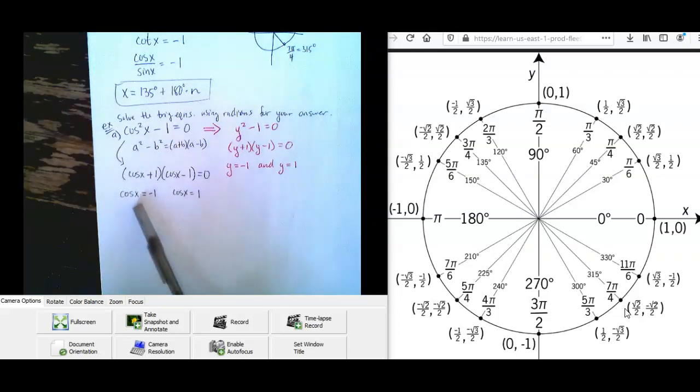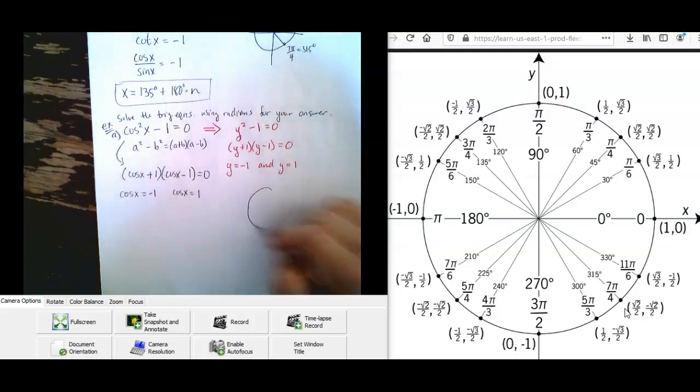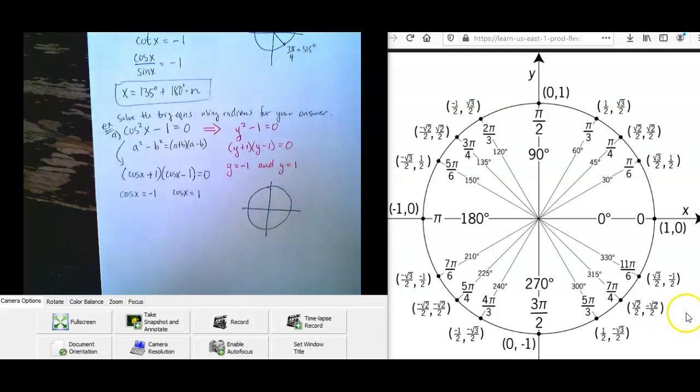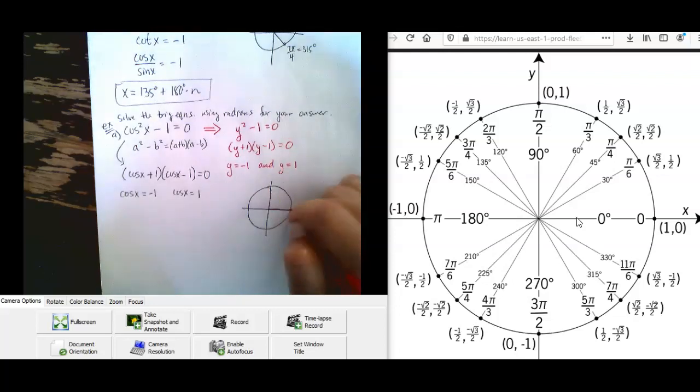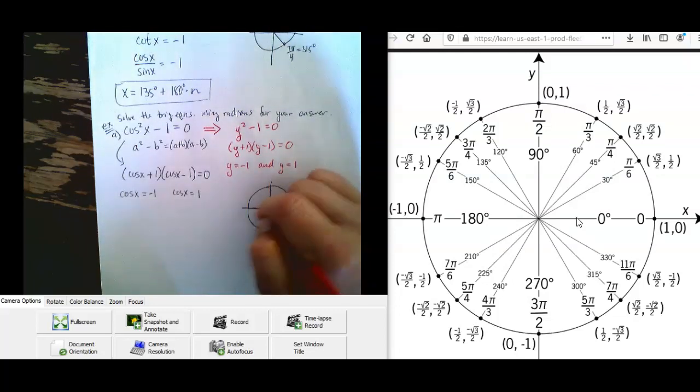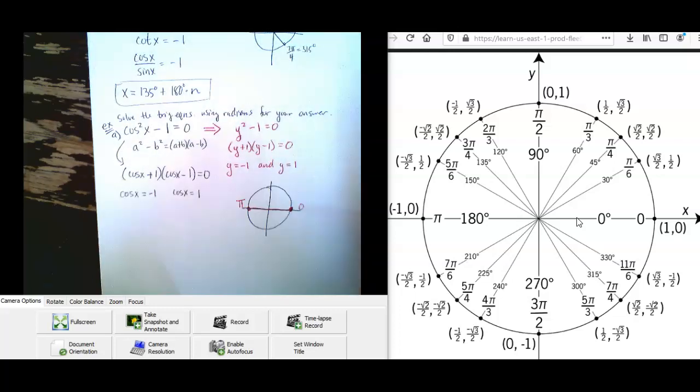So let's figure out where on the unit circle this happens and where on the unit circle that happens. Cosine is the x-coordinate. The x-coordinate is positive 1 at 0, and it is negative 1 at pi, right? So our solutions happen here at 0 and here at pi.